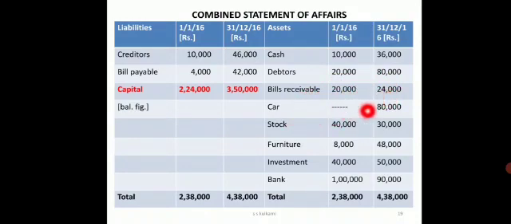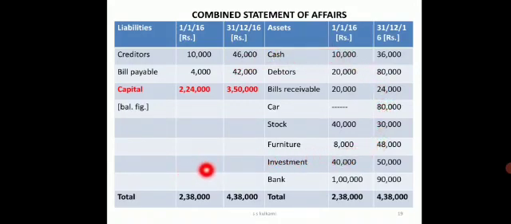Car is only at the end of the year, so 80,000. Stock 40,000 and 30,000. Furniture 8,000 and 48,000. Investment 40,000 and 50,000. And bank we have 1 lakh and 90,000. So as per the given information, we have entered all the assets and liabilities.